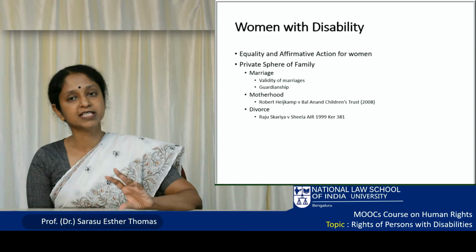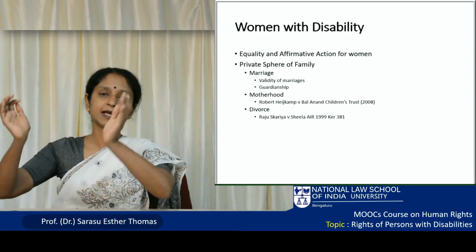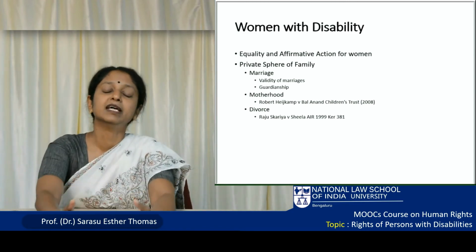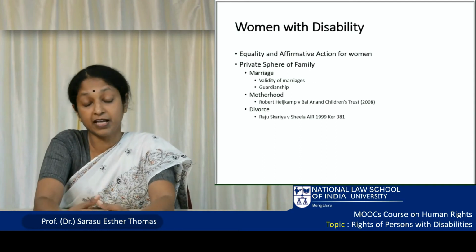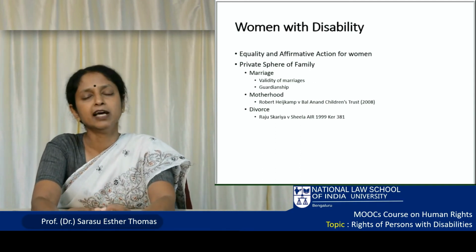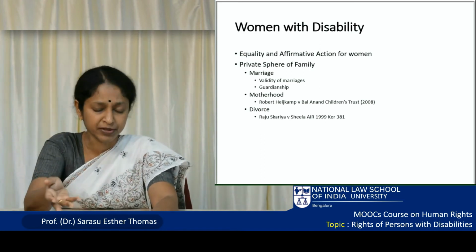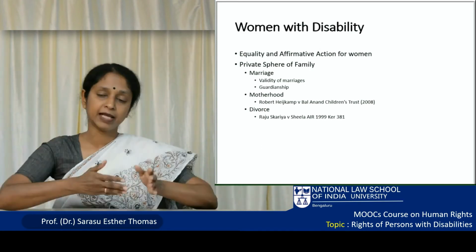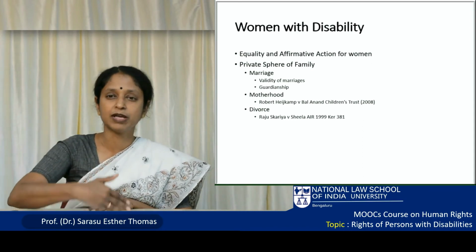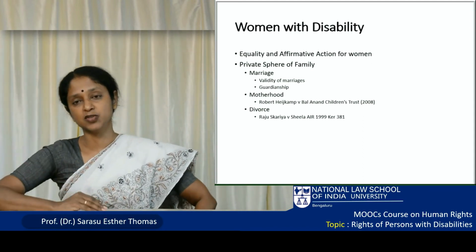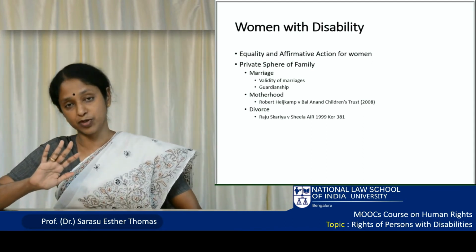So women with disabilities can be a separate subcategory where affirmative action can be carried out. Now, while we understand the fact that women with disability have specific difficulties that they face from their birth to their life chances, to education, to employment, and so on, constitutionally their rights are protected.